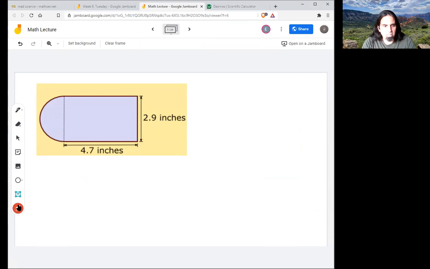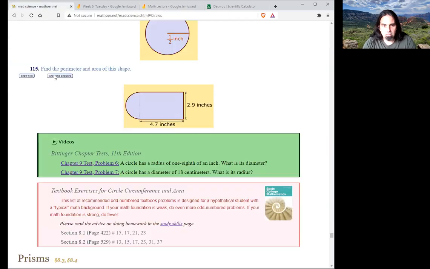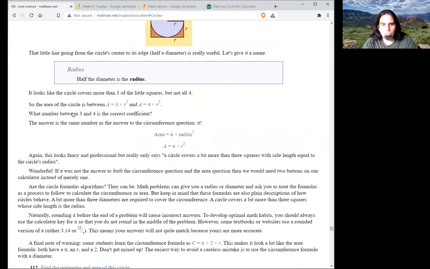Okay, so we said that this is 2.9. So that means if I highlight it, make that a little darker, that this one is the same. So that is also 2.9. So if I have a circle, do I have just a plain circle somewhere?